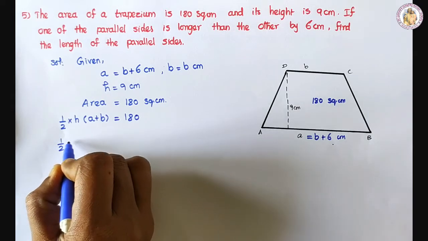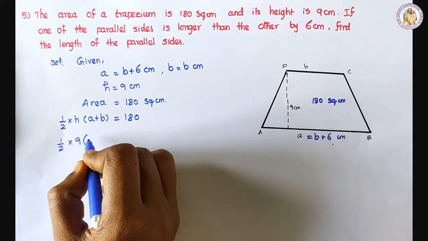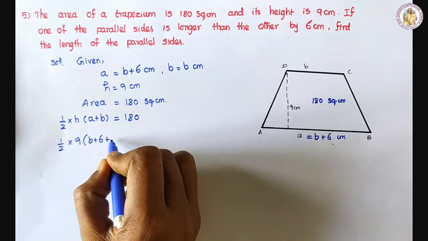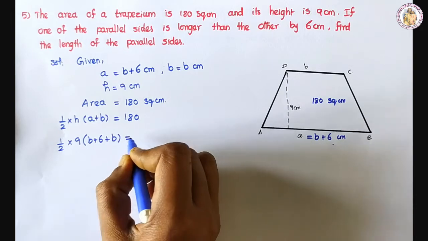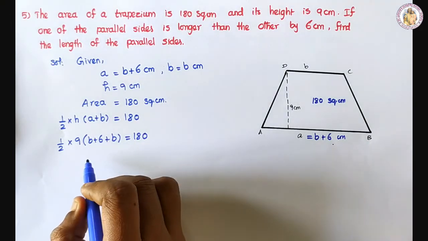1 by 2 into 9 into, what is A here? B plus 6 plus B is B. So 180 square centimeter.